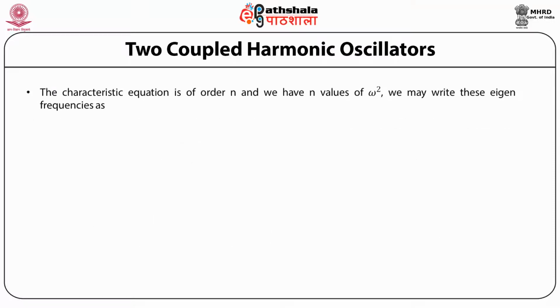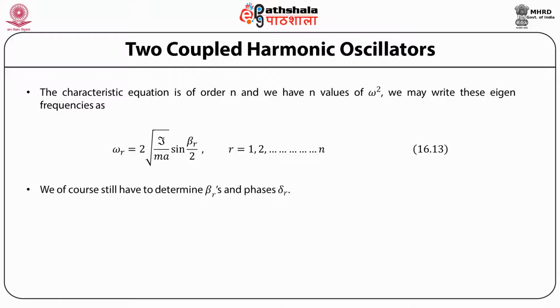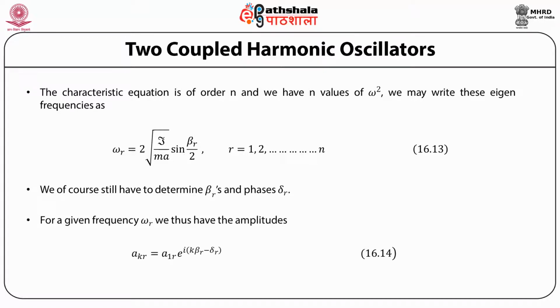Now the characteristic equation is of order n, and we have n values of omega square. We may write these eigenfrequencies omega r as omega r is equal to twice the square root of T by ma times sine of beta r by 2, for r is equal to 1 to n. We of course still have to determine the beta r's and the phases delta r's. For a given frequency omega r, we thus have the amplitude a k r is equal to a1 r exponential i (k beta r minus delta r).